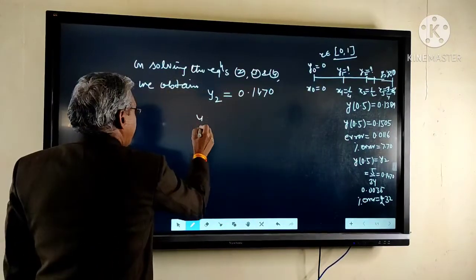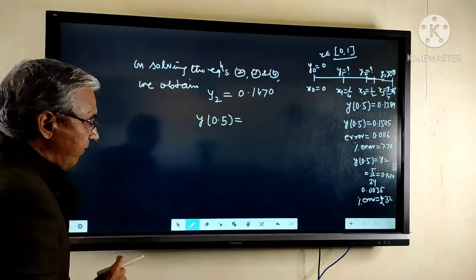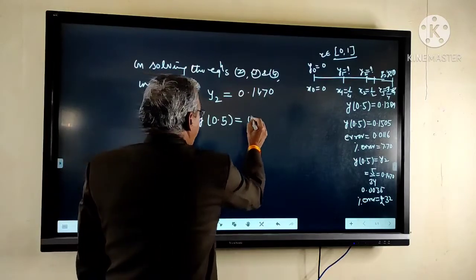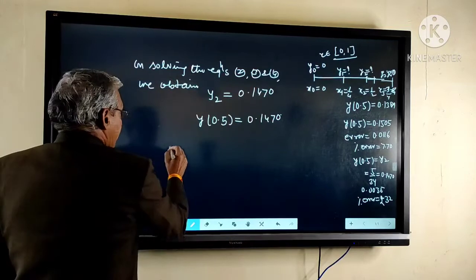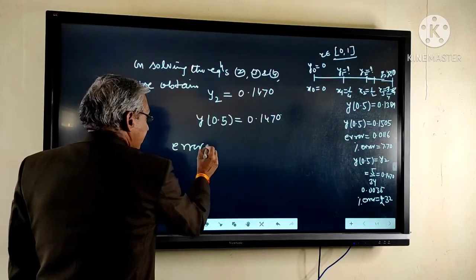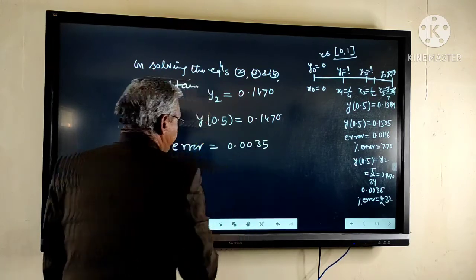Therefore the value of y at the point x equal to 0.5 is 0.1470.